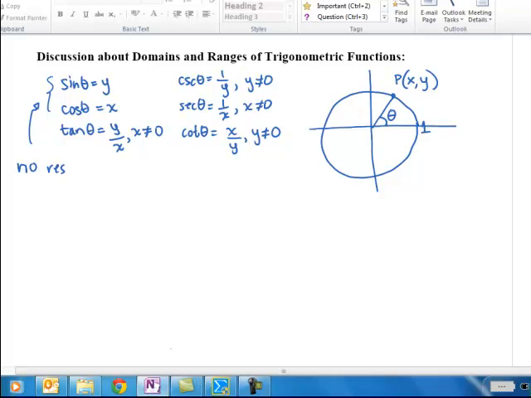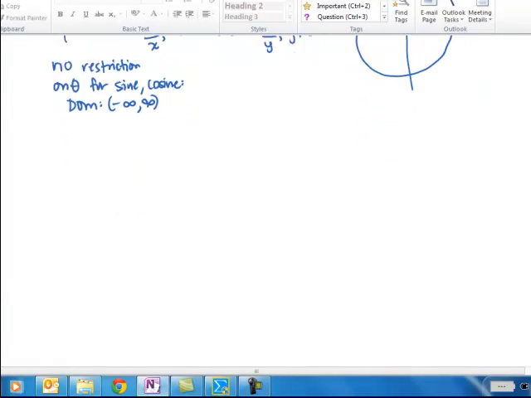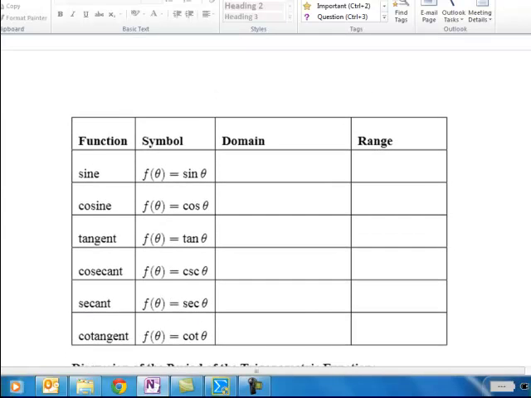And what that means is the domain for those two is all real numbers, because we're thinking about the input values, and the input, which is theta, can be anything. So let's go down to the next page and write the domain of this function. The domain of the sine function is all real numbers, and the domain for the cosine function is also all real numbers.